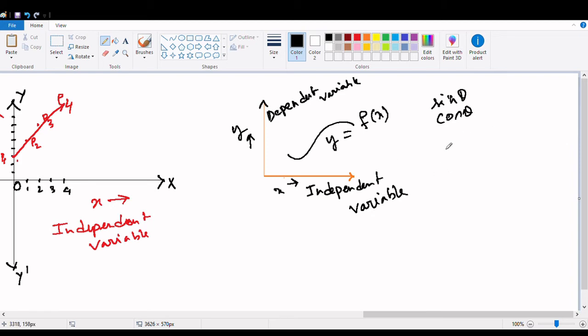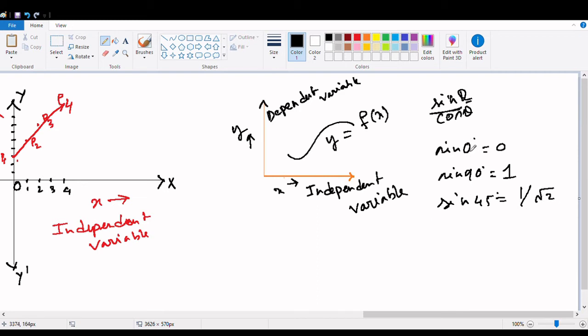In our previous lecture, we have seen that for each value of theta, there is a particular value of sine theta. That means sine 0 has a value 0, sine 90 has a value 1, sine 45 has a value 1 by root 2.